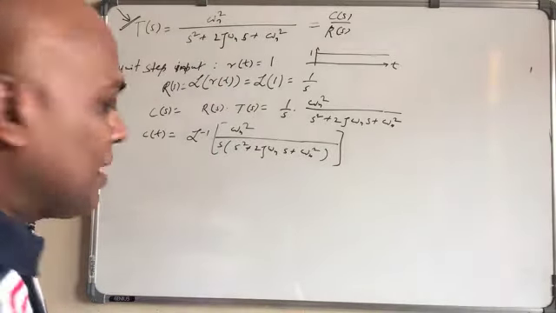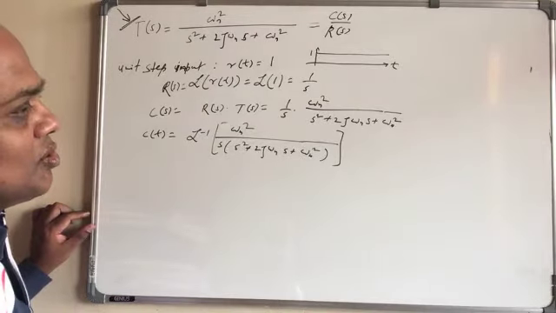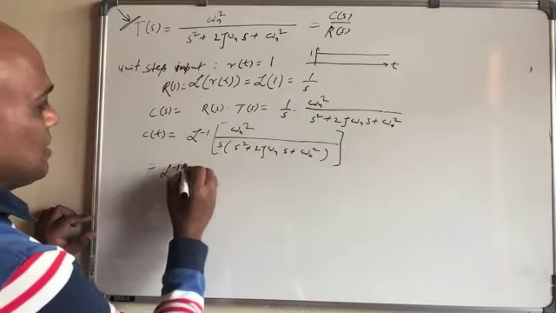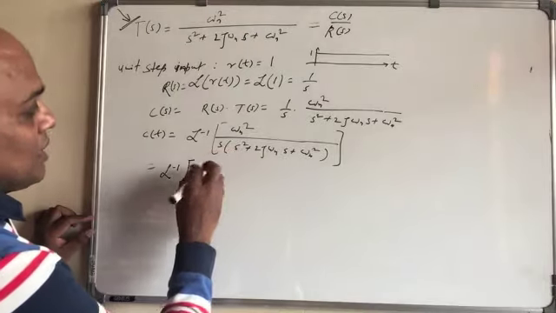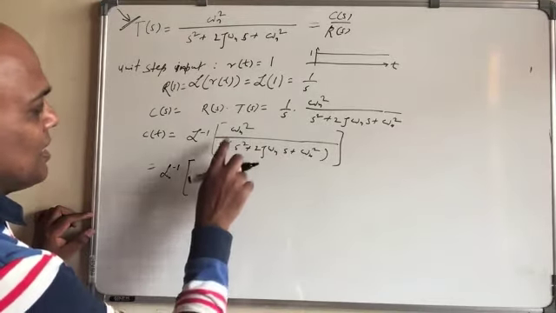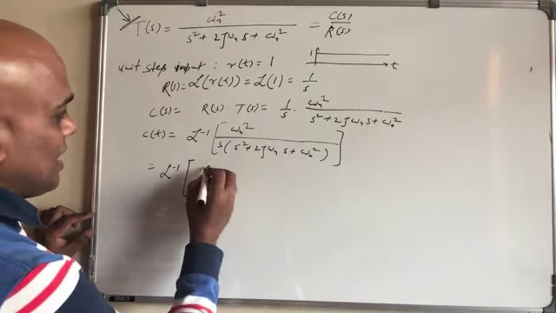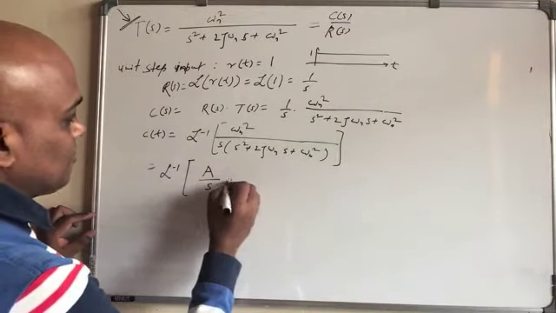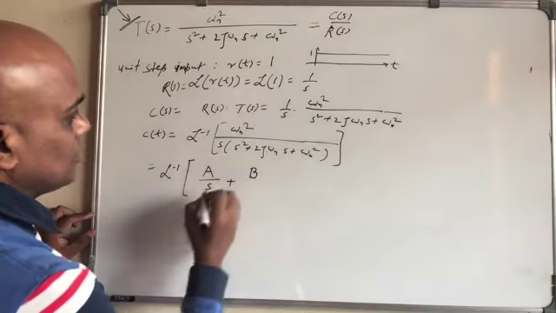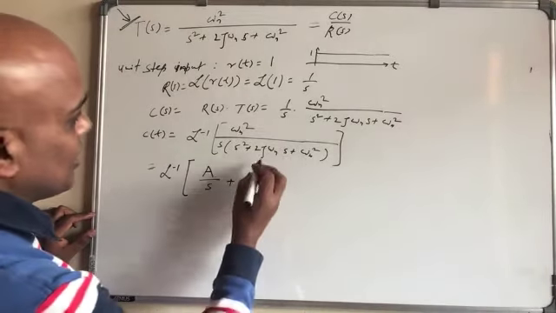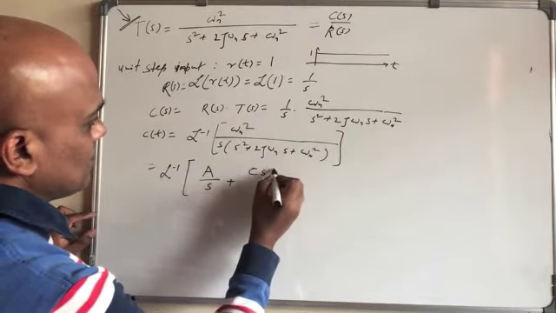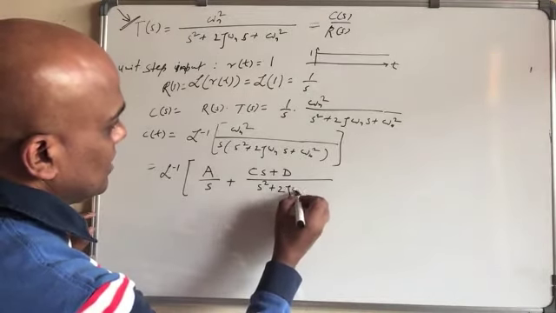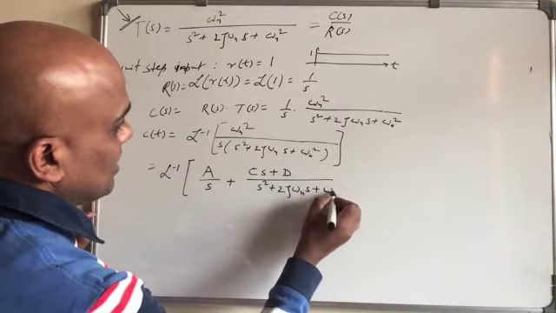Now in order to find this, you can write L inverse and write it in a different format: A over s plus C s plus D divided by s square plus 2 zeta omega n s plus omega n square.